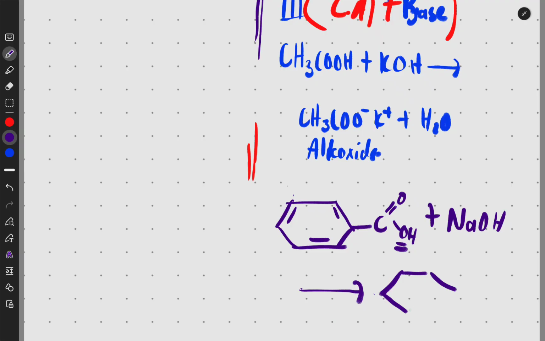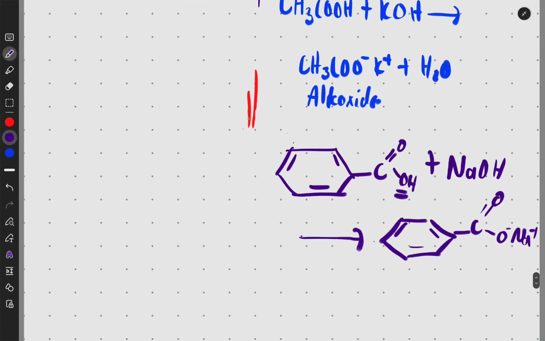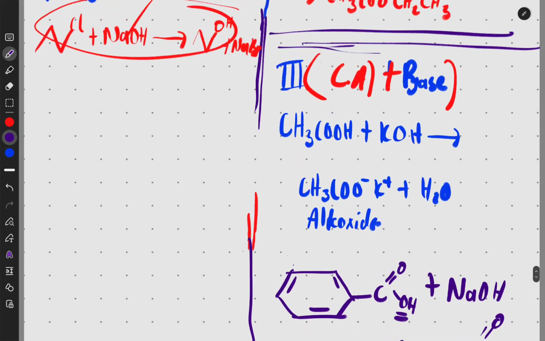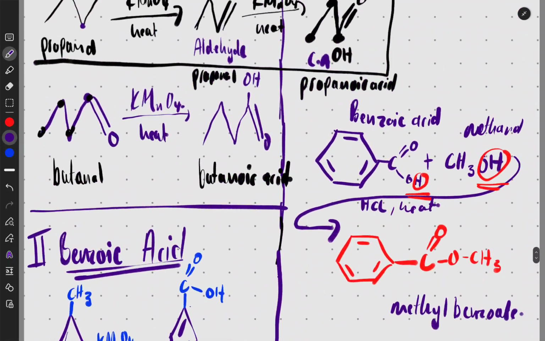It's going to be like this, like that, and it's going to be C double bond O. Then here is going to be O minus Na plus, and that's what happens. Look at how easy it is. These are all the reactions of carboxylic acids you have to remember, okay? I know you can do it.